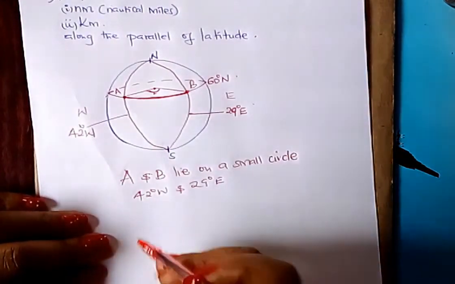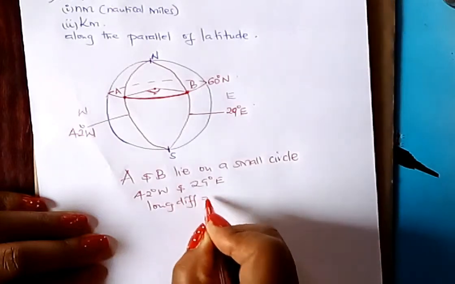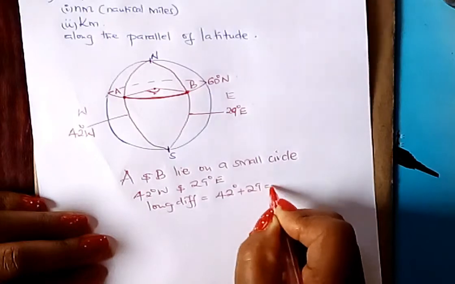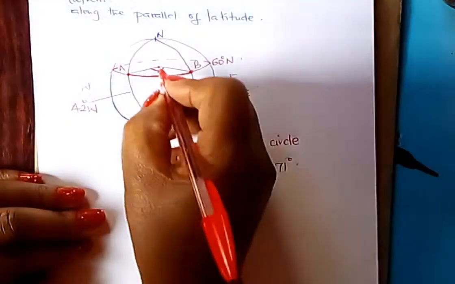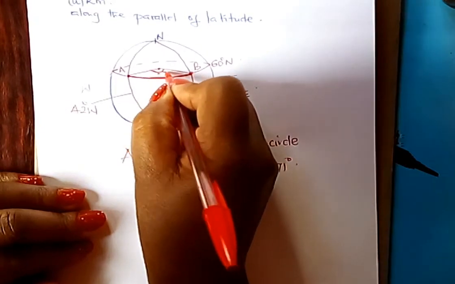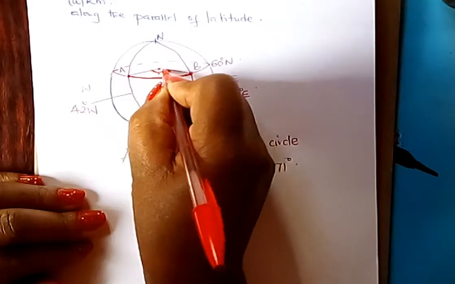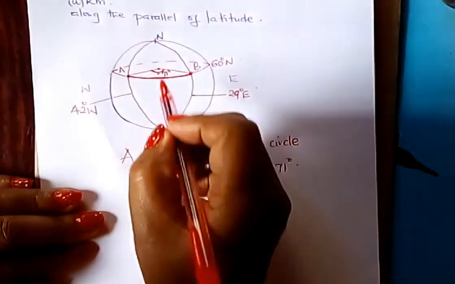The longitude difference, Lana, is that you add 42 degrees and 29, and so it is 71 degrees. That longitude difference is reflected at the center of the circle like that. This angle here, subtended by the arc, is 71 degrees.